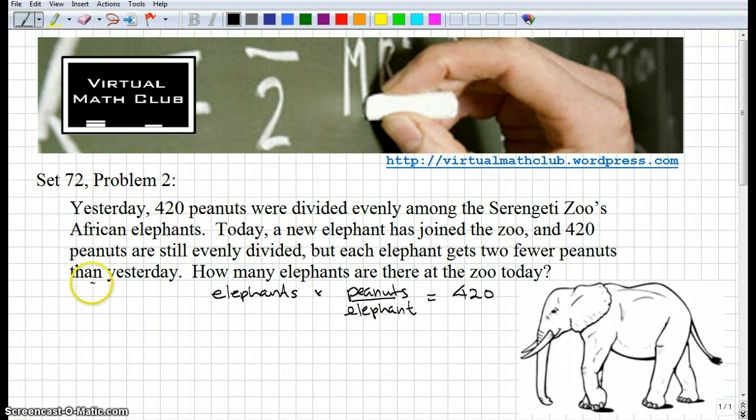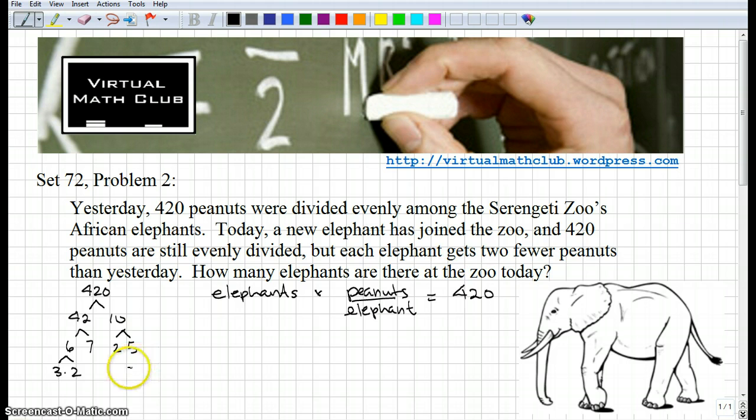So let's factor 420 first of all into its prime factors. So that's 42 times 10, and 42 is 6 times 7, and 6 is 3 times 2, and 10 is 2 times 5.